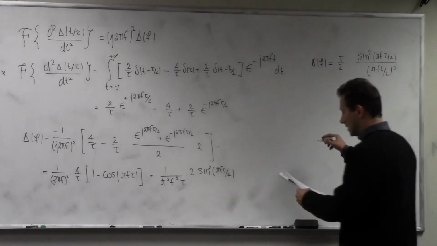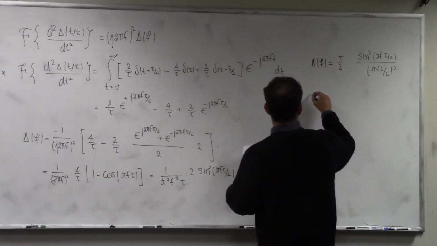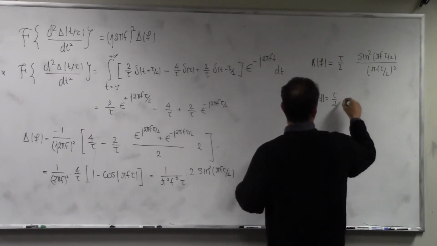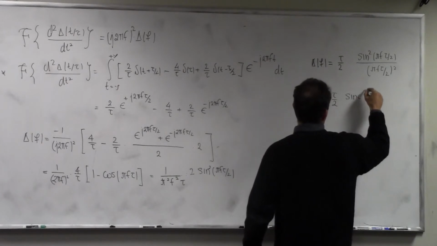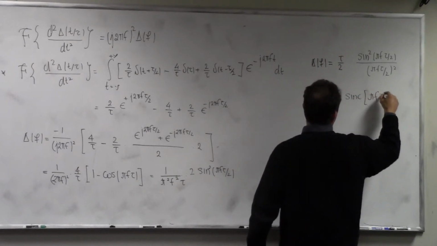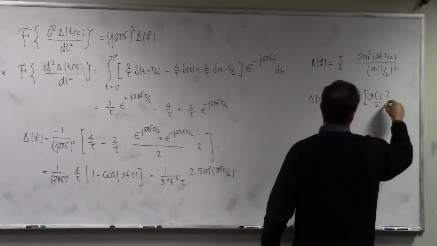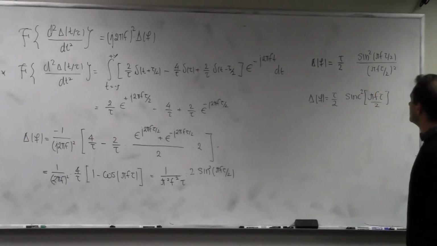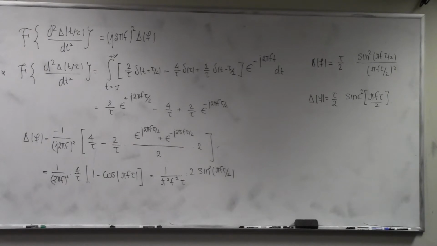Right? And now I get that delta of f is tau over 2 times sinc squared. So the Fourier transform of the delta of a triangle pulse is sinc squared.